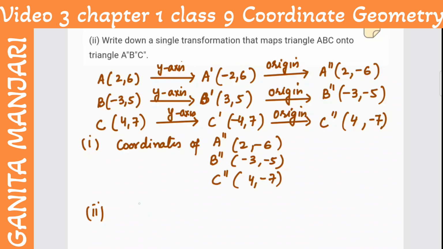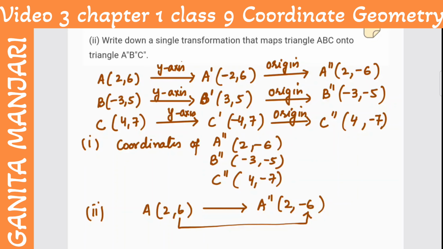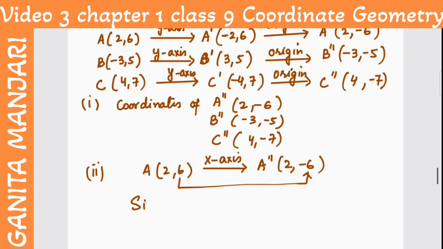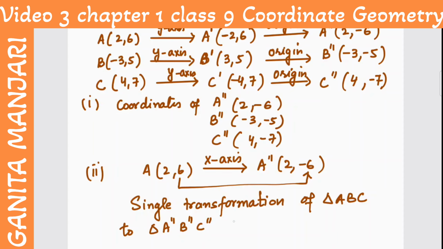So here A is 2, 6 and A double dash is 2, negative 6. Now here you can see only the y part changes, so it is about the x-axis. So the single transformation of triangle ABC to triangle A double dash, B double dash, C double dash is about the x-axis.